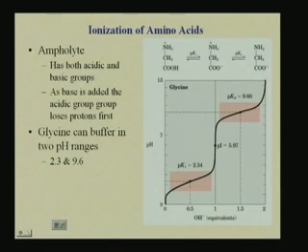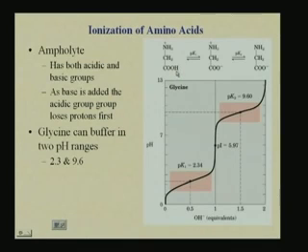Now, as the base is added, along the x axis we have the number of OH minus equivalents added. So, basically what are you doing? You are adding NaOH to your amino acid solution. Initially, if we make the pH very low, what does my amino acid look like? All of it is protonated.